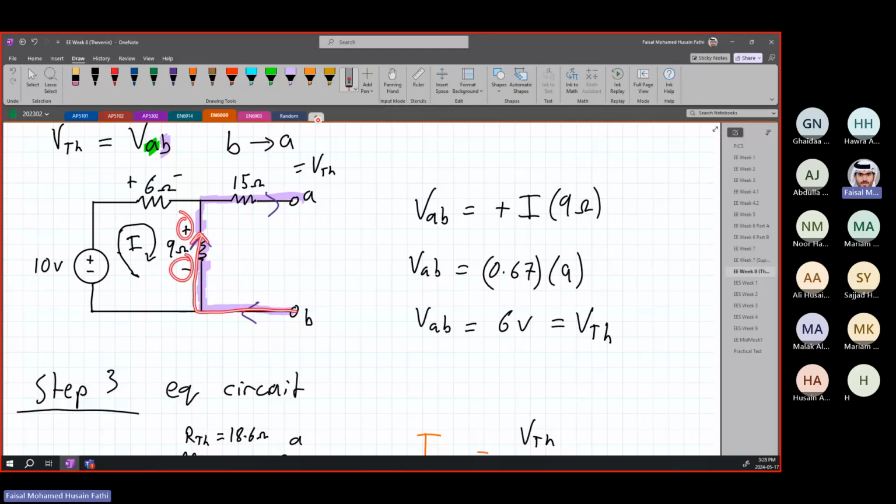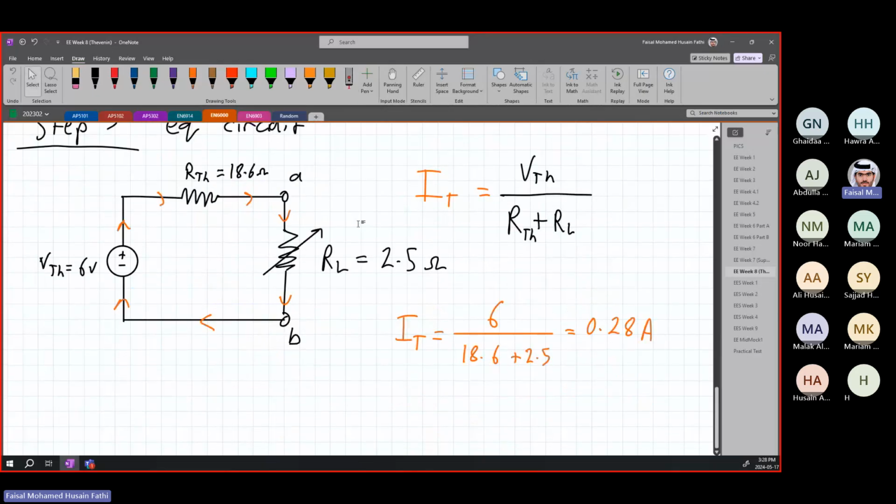Polarity is always important. So it's a voltage gain, so it's going to be plus I times 9 ohms. And then we're going through this. Since there is no current flowing through this resistor, it is assumed to have no voltage drop, so there's nothing here as well. And then we reached our point A. So VAB is simply equal to this, and this is also our V Thevenin.